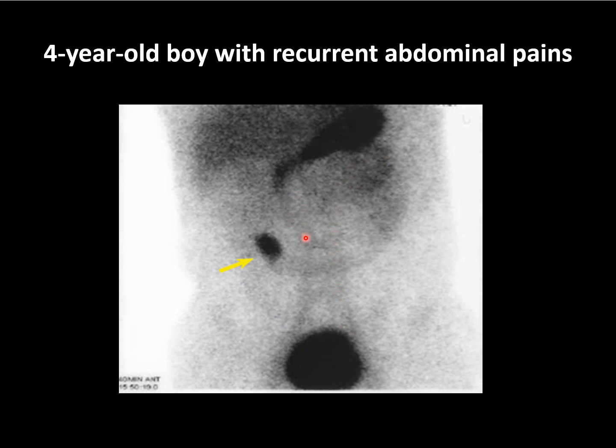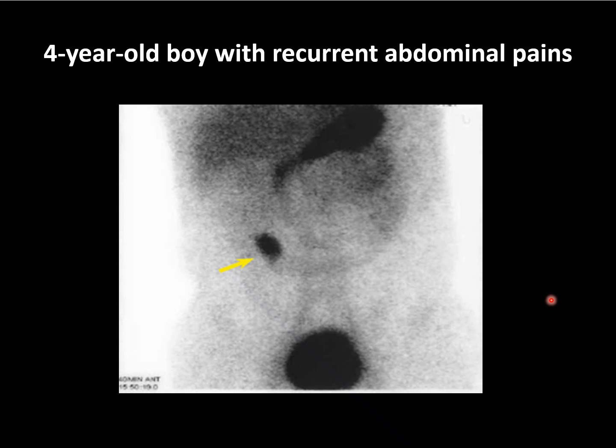This is the ureter on the right side. However, we have a relatively large deposit of technetium 99 outside of the stomach, the kidney, ureter, and bladder. And this is in the region of where the ileum is located in the right iliac fossa.